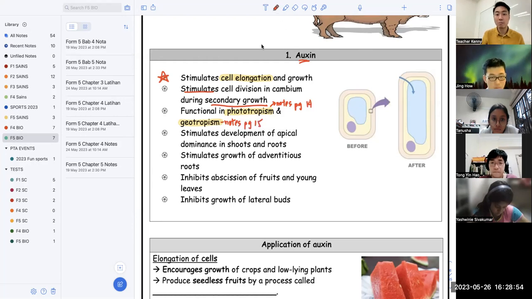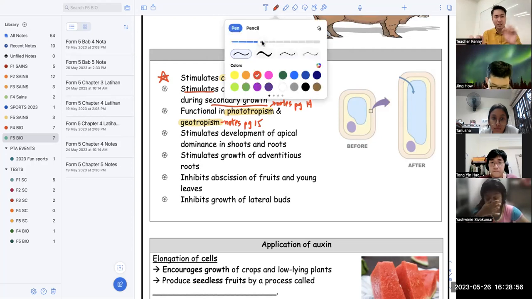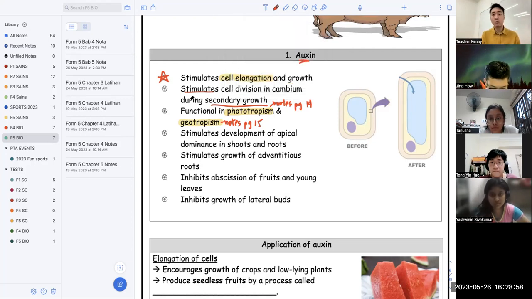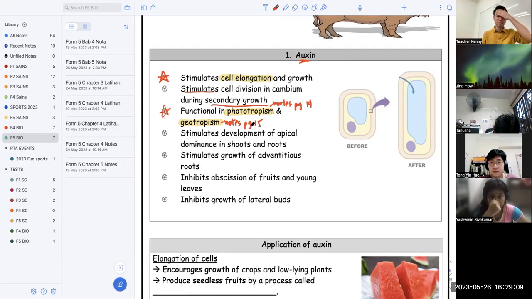This is for your intercrossing chapter study. So when you study this one, you read back and realize, oh, it's actually talking about this thing. So it's the same thing I restudy again, so you don't have to stress. I'm showing you the relationship here. This is important. We're going to see in 14 and 15 how auxin helps in phototropism and geotropism.